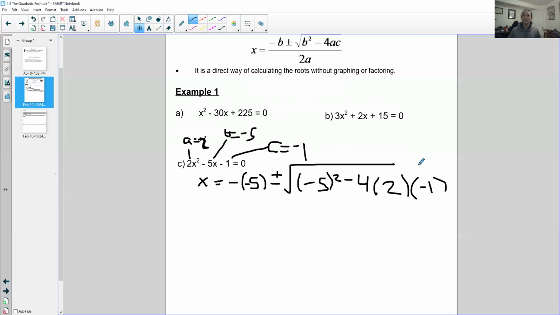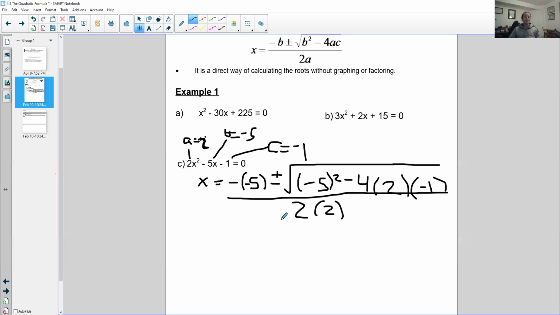I'm just taking my A, B, and C values from my quadratic equation. So -b plus or minus the square root of b squared minus 4ac, all over 2 times a, and my a value again was 2.